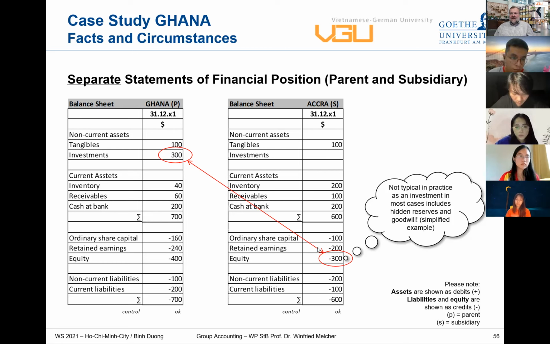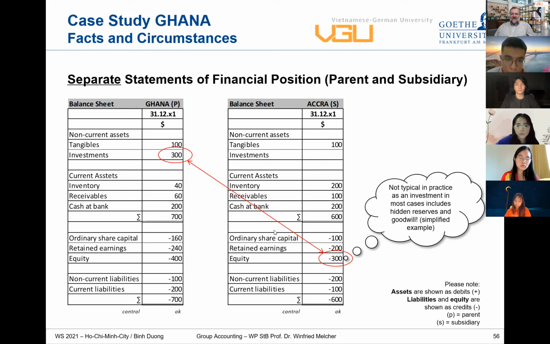In practice, this is not very typical because most of the investments will include hidden reserves, which will not be shown in equity of the acquired company. And therefore, also no hidden reserves, no goodwill will be seen here.